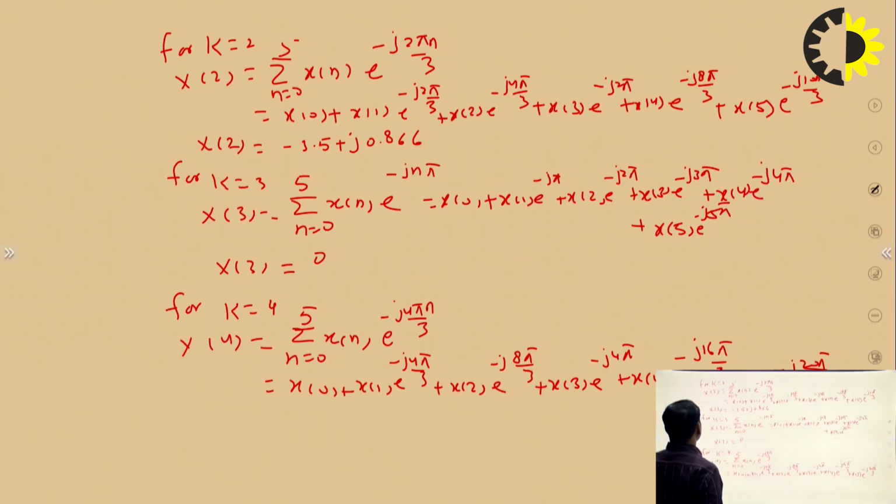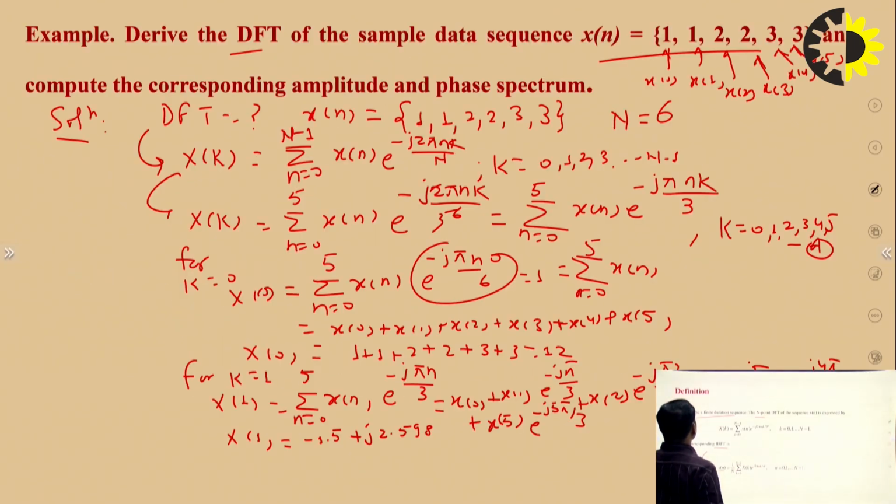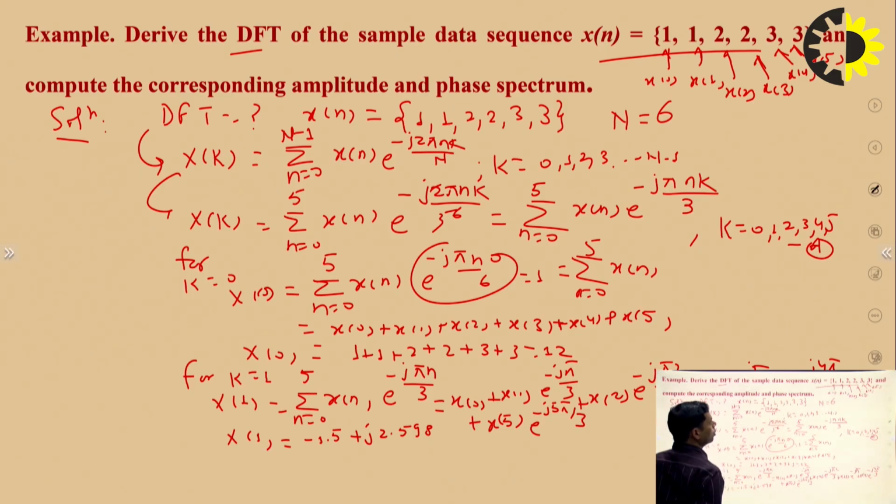So, the final value of X of k, we can now get combinedly for this sequence 1 1 2 2 3 3 x n.